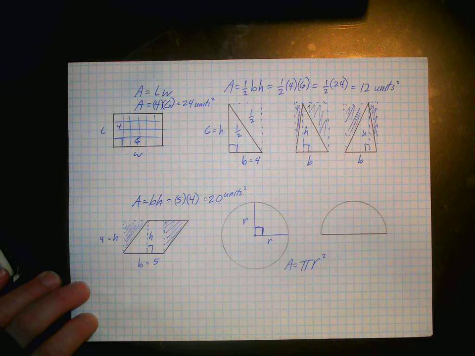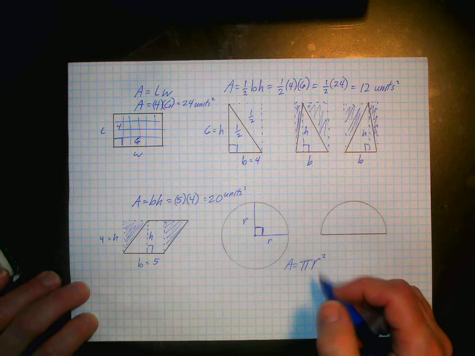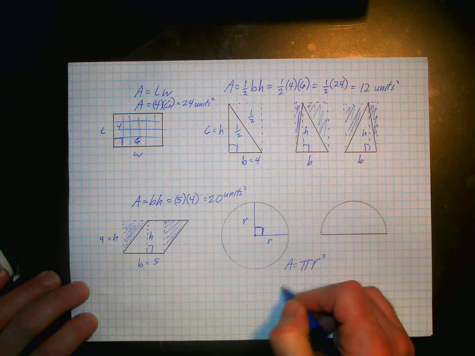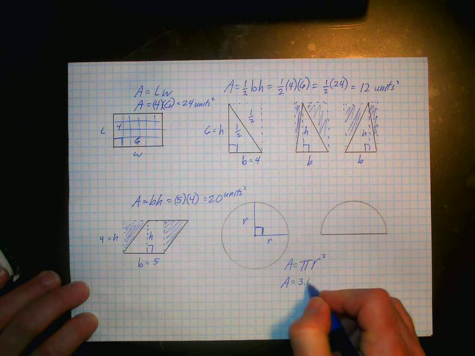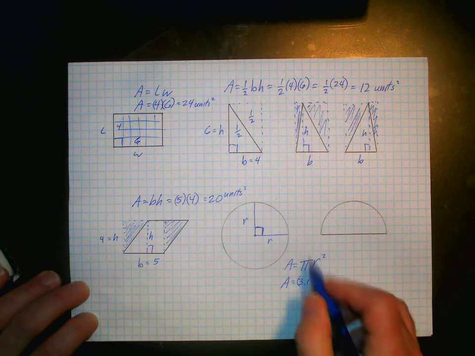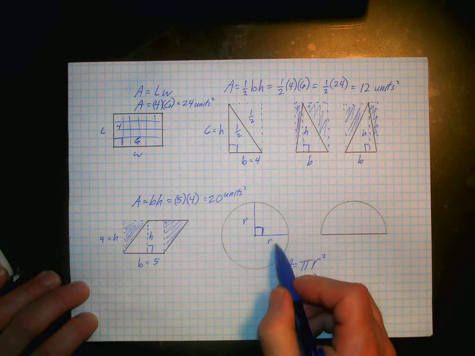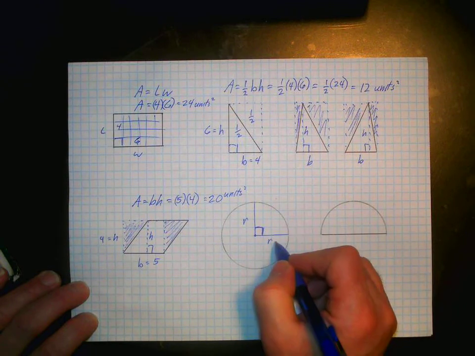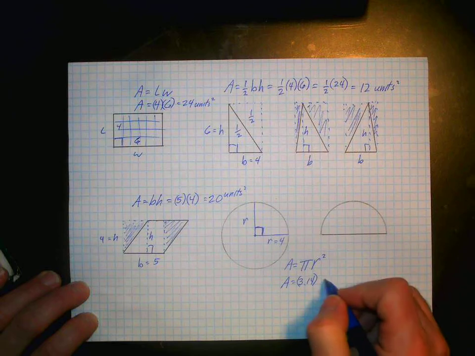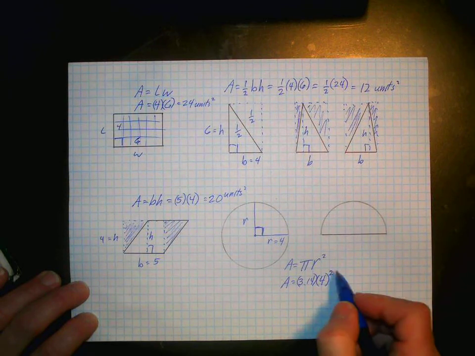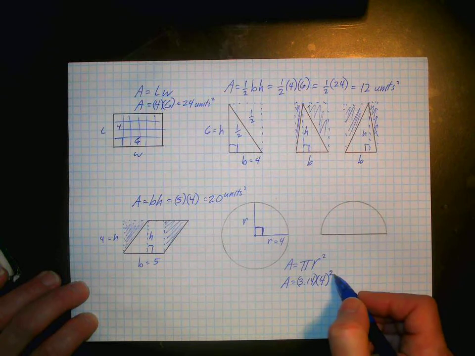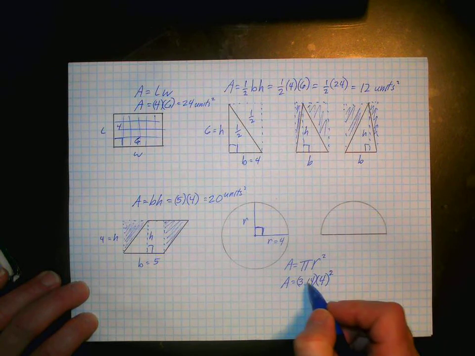So when we're looking at pi r squared, we're going to use 3.14 for pi. Let's see if I can get my calculator on. There we go. 3.14 for pi, and I'm going to substitute the things that I know. Well, 3.14 for pi, and then r is 1, 2, 3, 4. So I'm going to mark that 4, and 4 needs to be squared. So 4 squared means this needs to happen before I can multiply this.